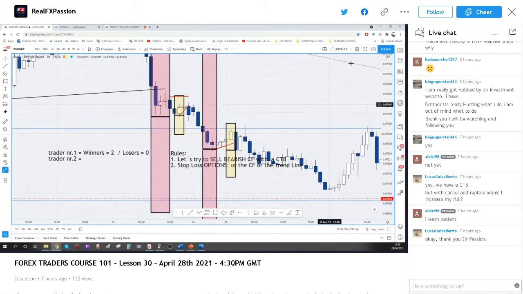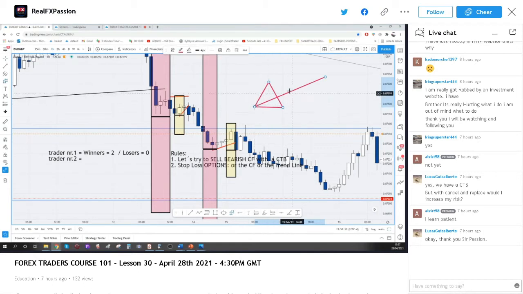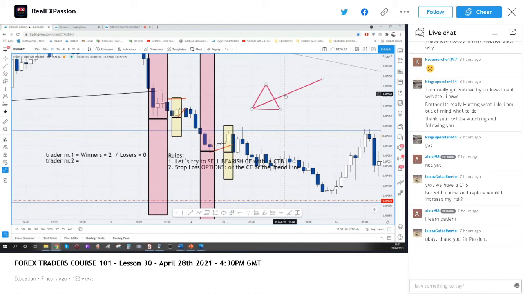You can put the stop loss above or below the long-term trend lines. Make sense? If you put the stop loss above or below the long-term trend line, then you need to do something that the scalper doesn't have to. What is this? Trade management. Make sense?